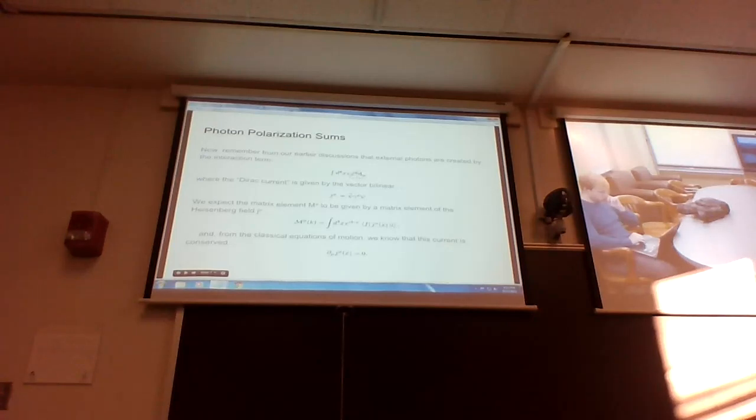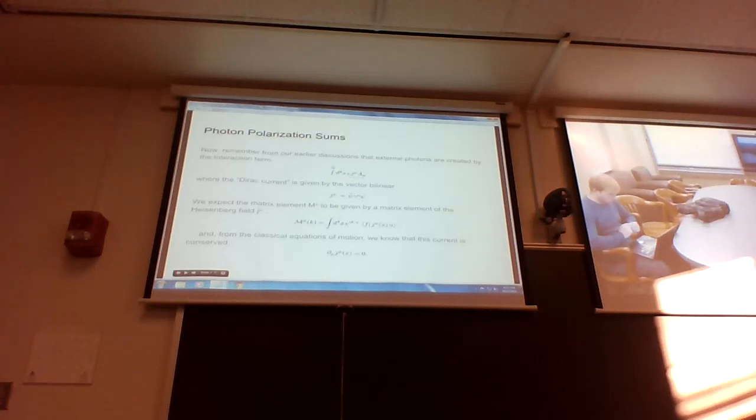So what we would say in the business is that this J mu is a source of our photons. And this J mu is just the regular Dirac current that we worked out. I think you guys might have had homework problems on it. But J mu is just the vector bilinear, so it's psi bar gamma mu psi. So this is the form of the QED interaction.